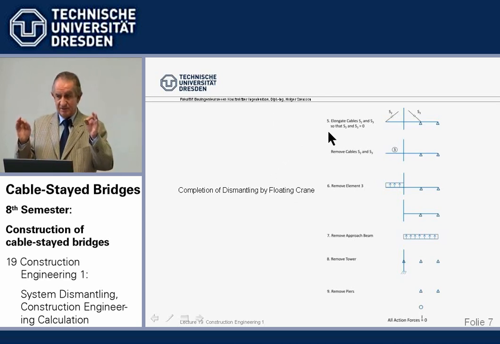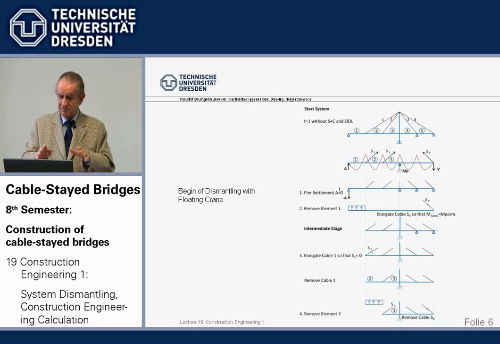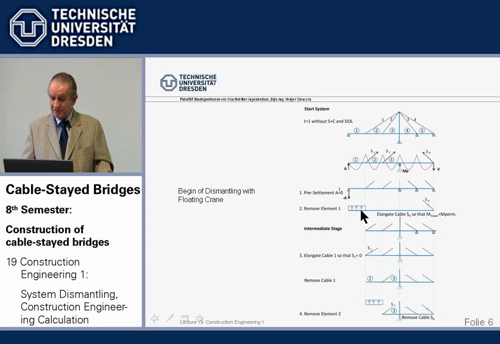But this is very important, whatever we are talking about later refinements. This is it. That's all there is to construction engineering. Just remember: take out, in this case, the support force, make it 0, take it off. Remove the dead weight, take it off.